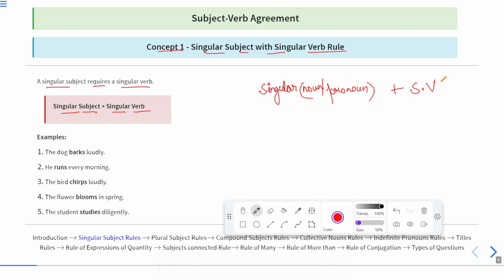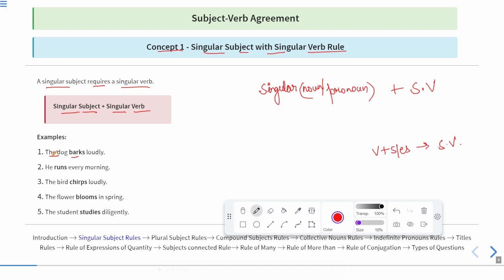And how does a verb convert into singular? We know well that whenever we add s or es to a verb, it makes it a singular verb. For example, the dog barks. Now the dog is singular. We are talking about one dog. The plural of dog is dogs, but here we are talking about one dog.